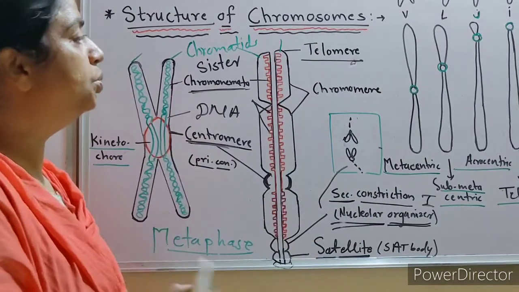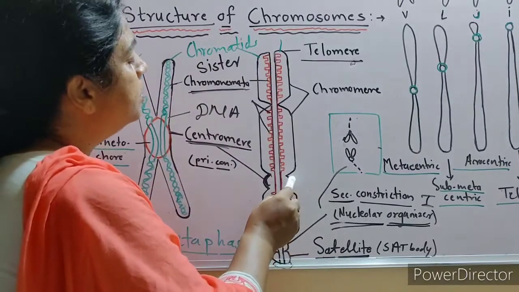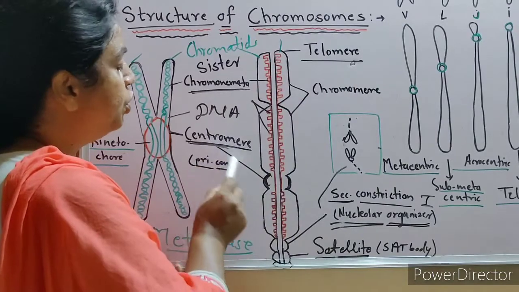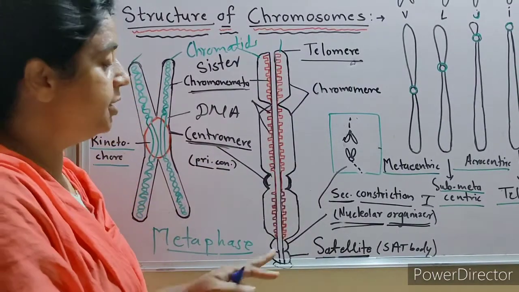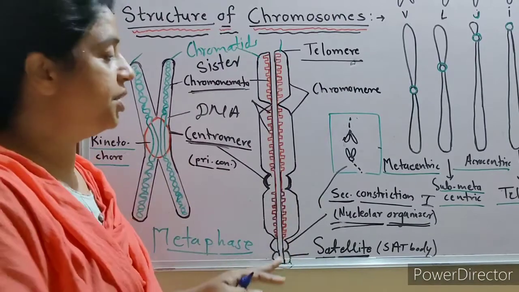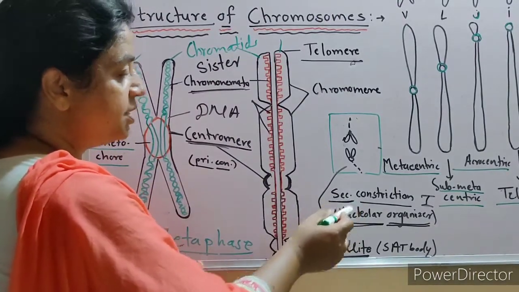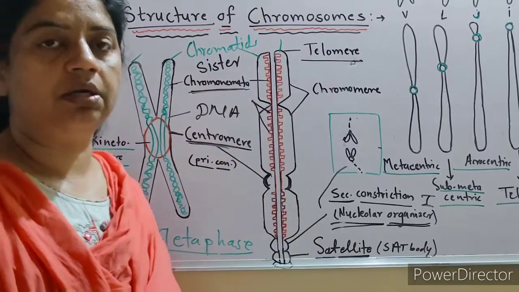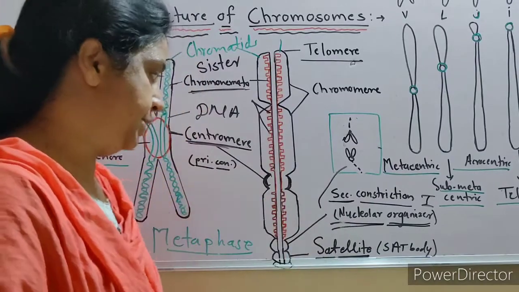These two chromatids have constrictions, or this centromere called the primary constriction, and beside this there is one or two constrictions called the secondary constriction. This secondary constriction is also called the nucleolar organizer, because it organizes the nucleolus.